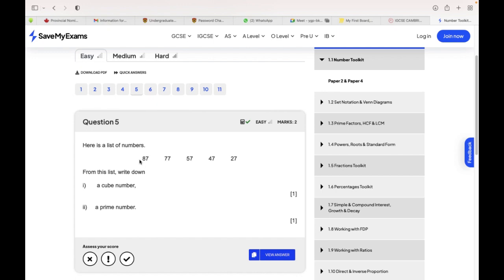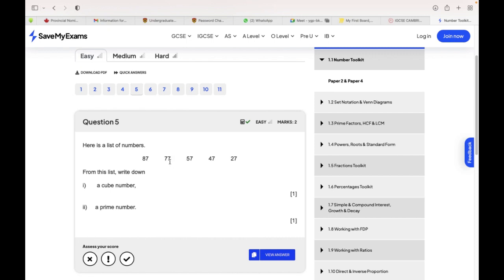So what I just did, how I knew this is not a prime number, is just to add 8 and 7, which gives me 15. Since 15 can be divided by 3, it means 87 is not a prime number because 87 can be divided by 3. You can try it with your calculator; divide 87 by 3, you will get a whole number.